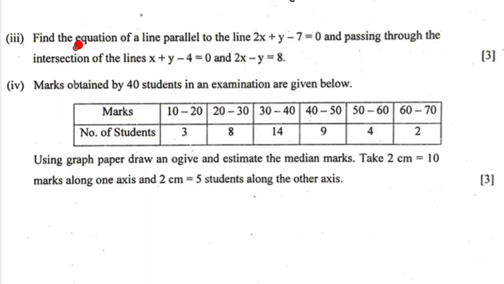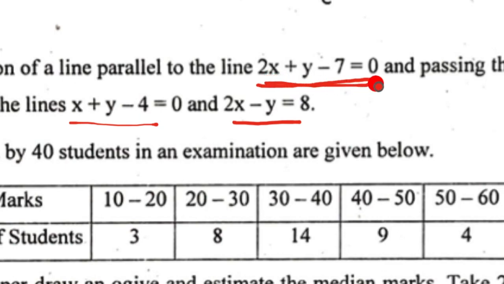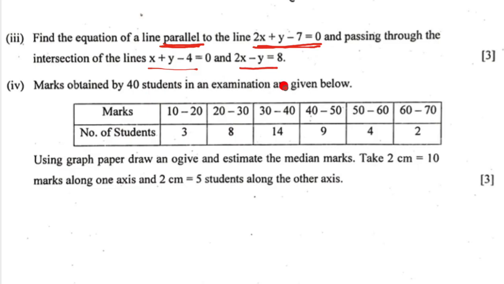Question 6.3. Find the equation of a line parallel to this line and passing through the intersection of these two lines. So we will have to get the slope of this line because our line, which is the required line, will have the same slope as it is parallel to this line. And we need a point through which it will pass. So these two lines where they intersect, we'll have to solve these simultaneously.